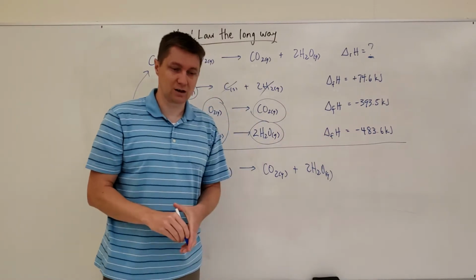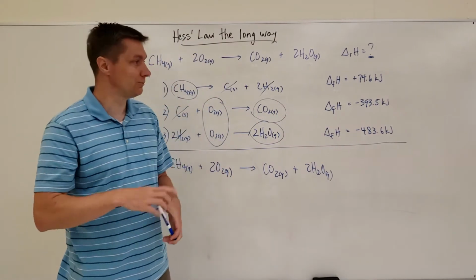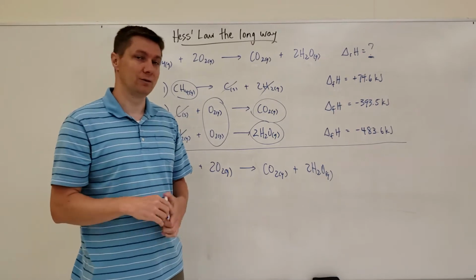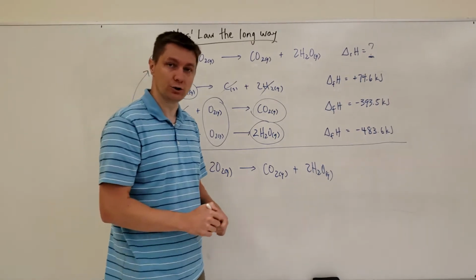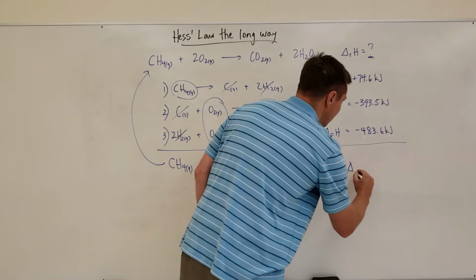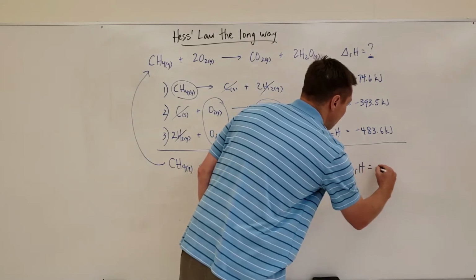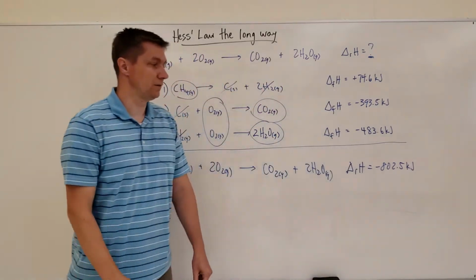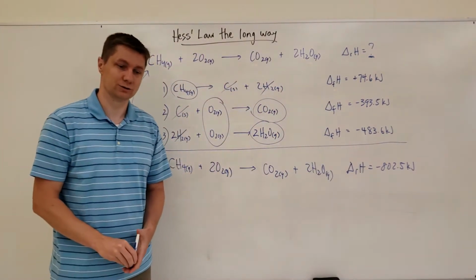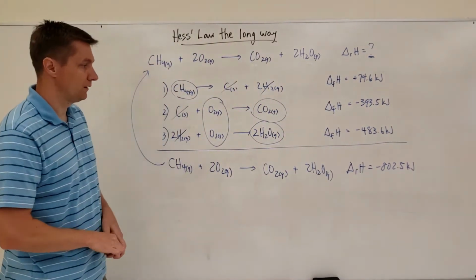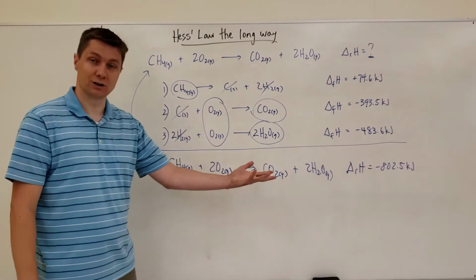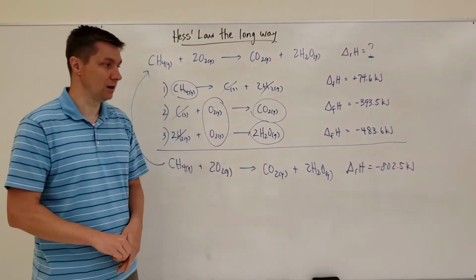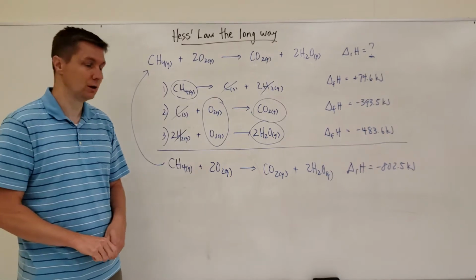The biggest thing that you have to watch out for is integers, positives and negatives. If you punch this into your calculator correctly, what you should get is a negative 802.5 kilojoules. And so the heat of reaction for the combustion of methane is a negative 802.5 kilojoules.